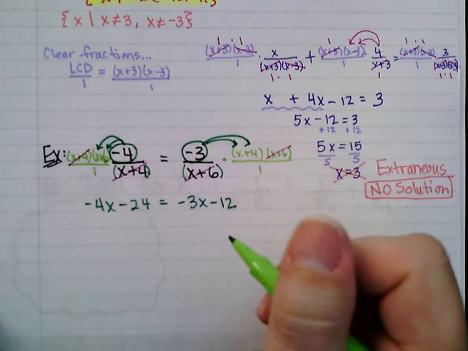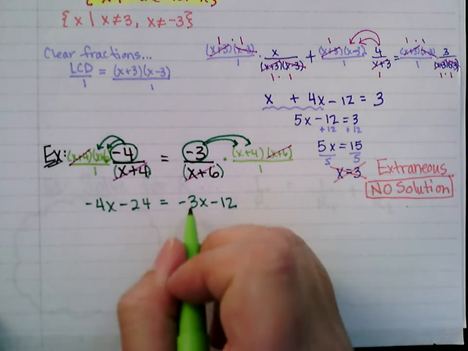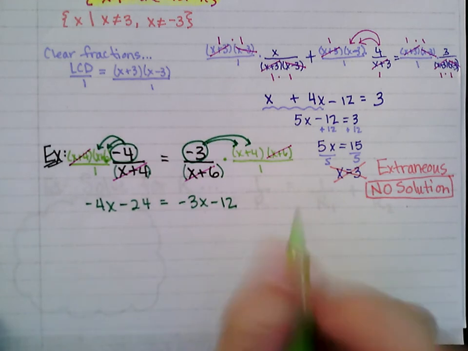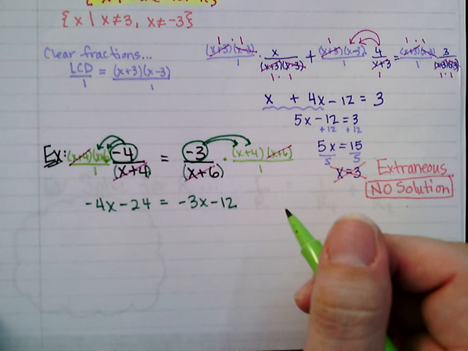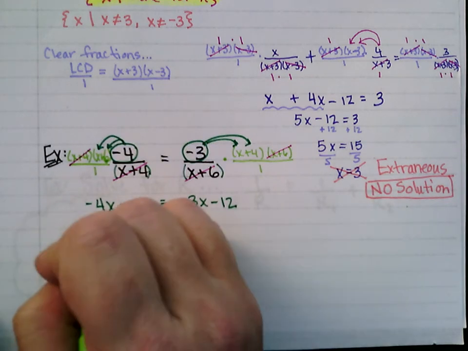And then we need to move stuff around so that we can solve this equation. Now, this is player's choice on which direction you want to go. Some people prefer to always put their variables on the left and their numbers on the right. Some people prefer to always make their variables have a positive leading coefficient. I guess it's just up to you which way you want to go.